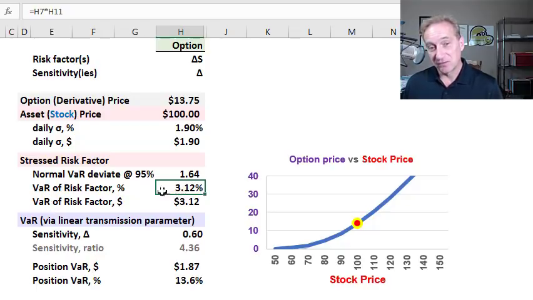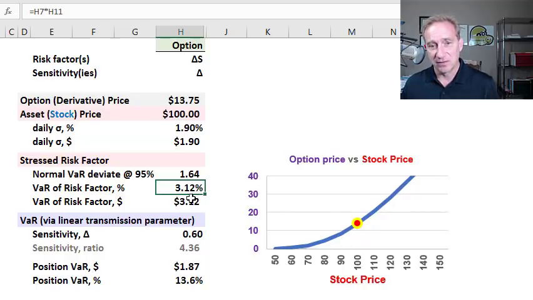So then we get the VaR of the risk factor, which I've deliberately labeled there as VaR of the risk factor to highlight the fact that any variable can have a value at risk. This was recently discussed in the forum where one of our customers had an aha moment. My point there was anytime we have a probability distribution, the VaR is just the worst expected change on one side of the distribution, the loss side. So we can talk about the VaR of any variable where there's a probability distribution.